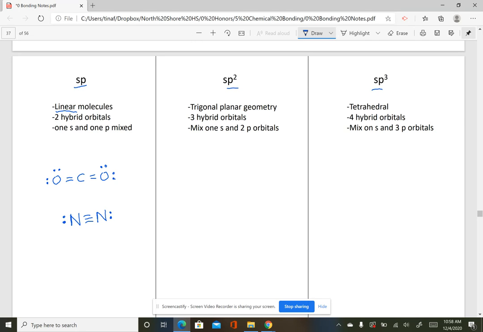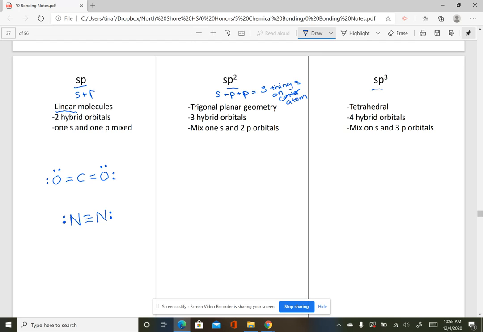Okay. Now sp2 means you have three things sticking off of the center atom. You have an s and a p and a p. So that's three things on the center atom. Let's write that same thing here.